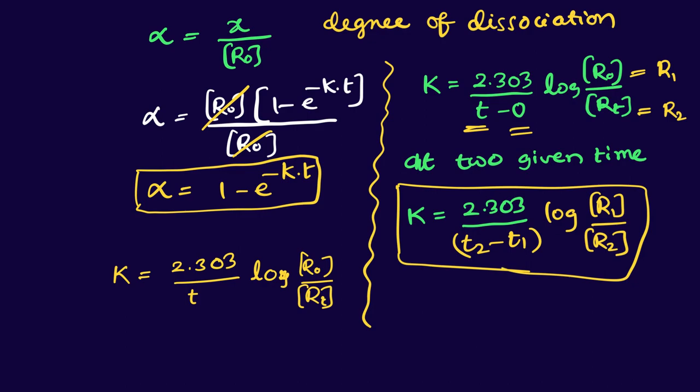This is about the rate constant at two given times and two different concentrations.